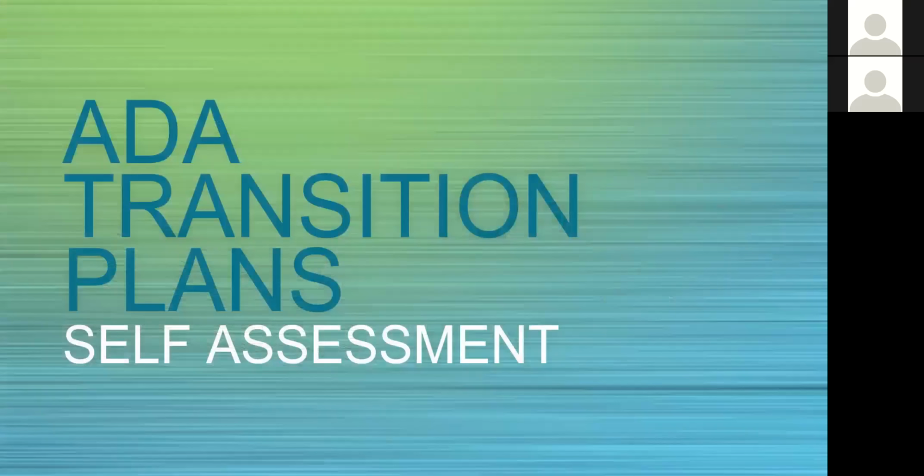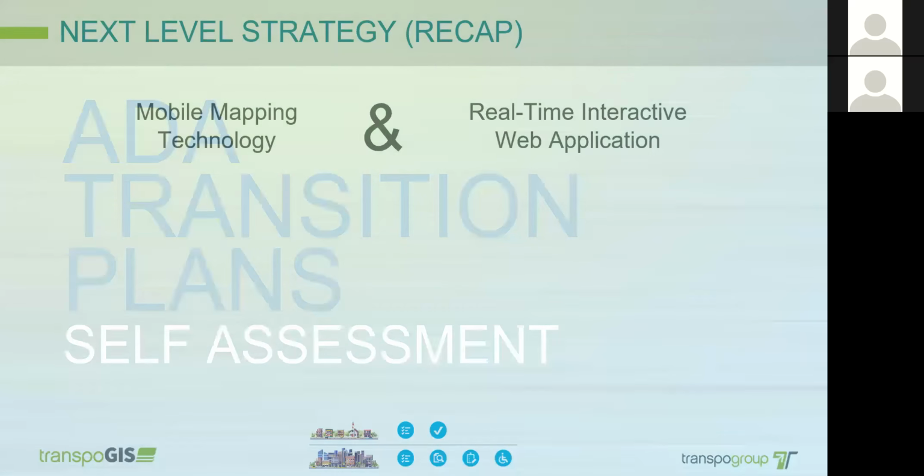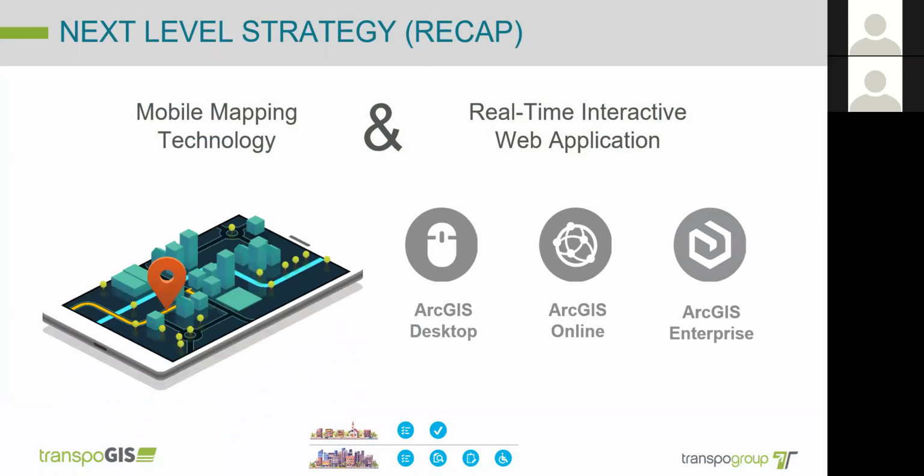A few things that help this process with self-assessments is utilizing mobile mapping technology. We're getting beyond just having to have a GPS unit and then exporting data that way. That still is a method, but with the new advancements in mobile mapping technology, especially with Esri and the Collector app and also the Field Maps app, it gives us the ability to have real-time interactive feedback.